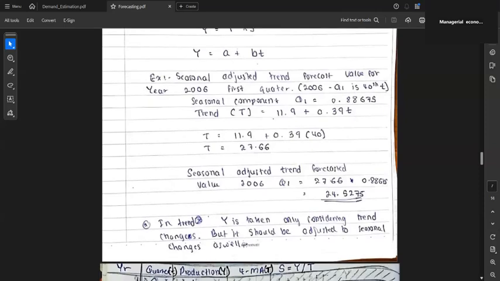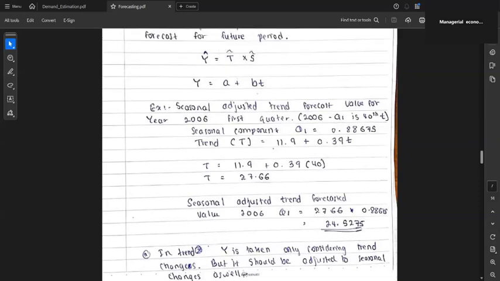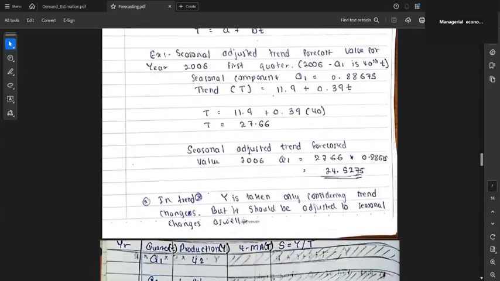So how do we get it? Here we are given the trend value. Then for quarter one, the seasonal component is 0.88675. Then if using the multiplicative model, y equals trend times the seasonal component.